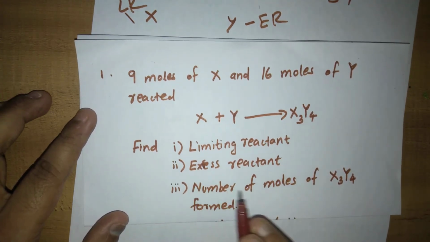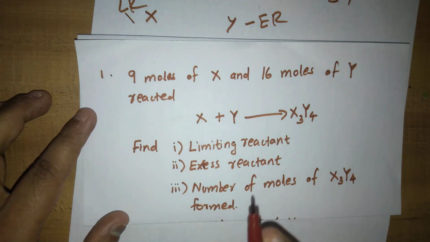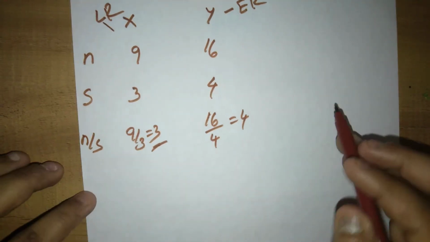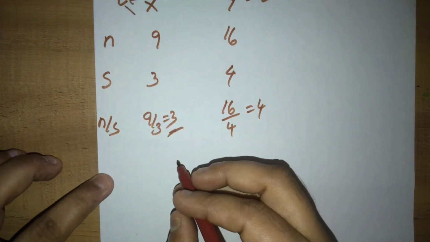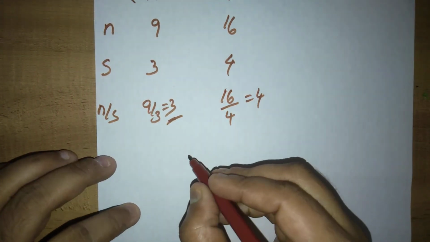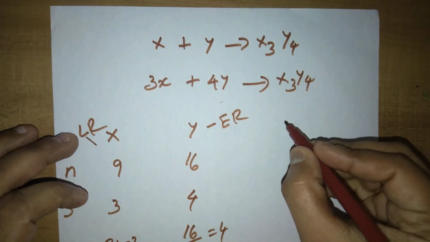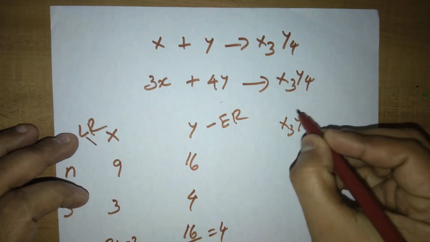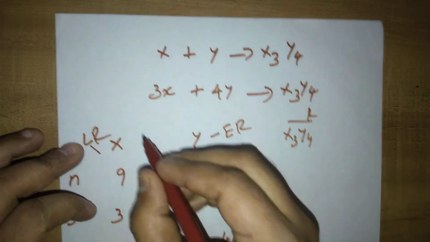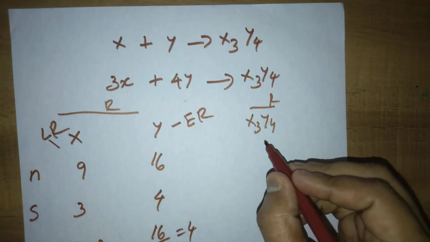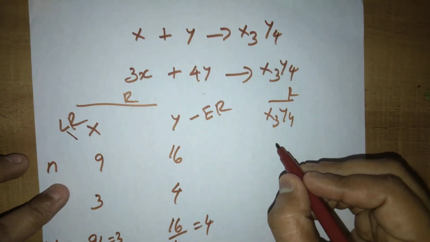Then the third one, the number of moles of X3Y4 formed. The quantity of X, the limiting reactant, will decide the quantity of product. First we have to equate the n by s ratio. X3Y4 is the product, and these are all reactants. The number of moles of product formed, we don't know.